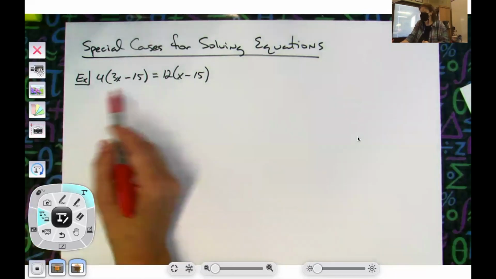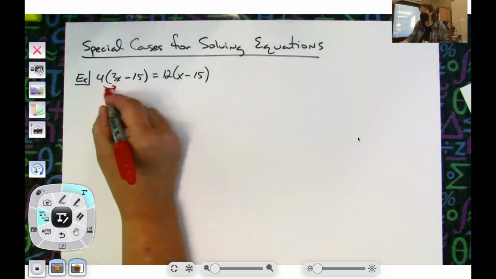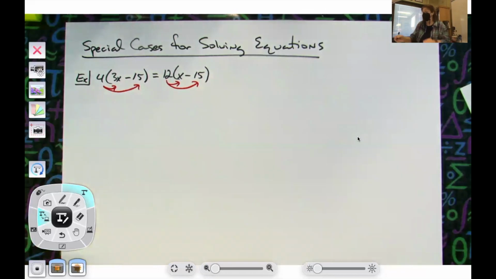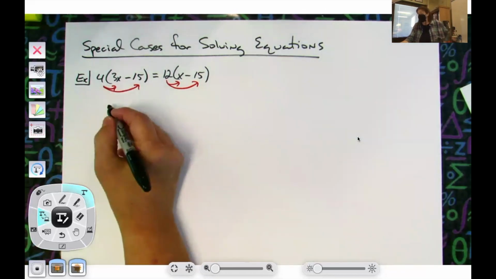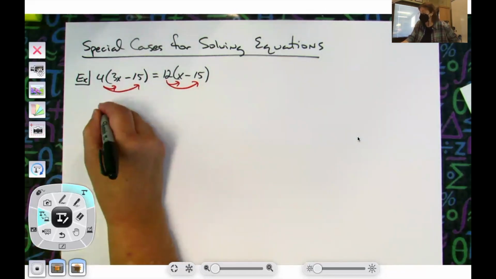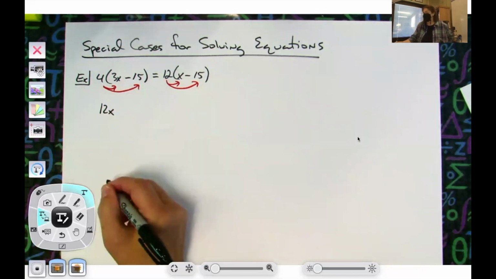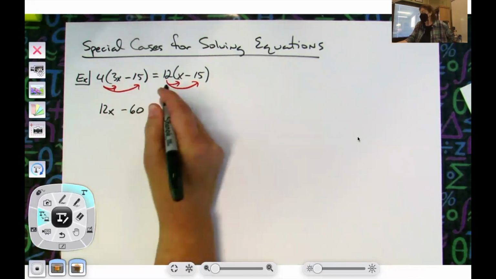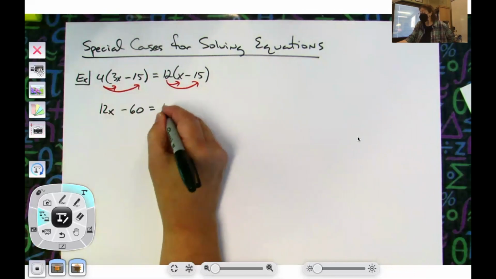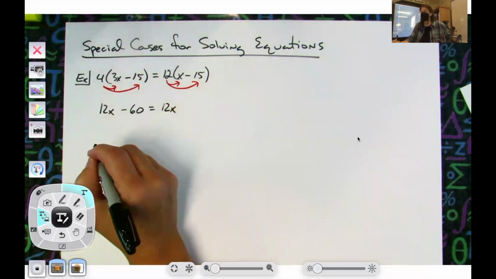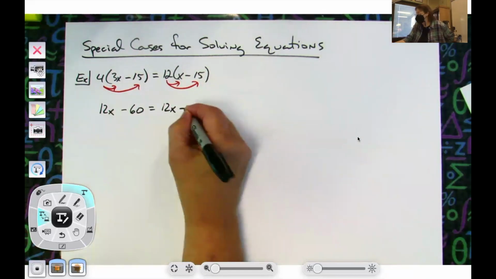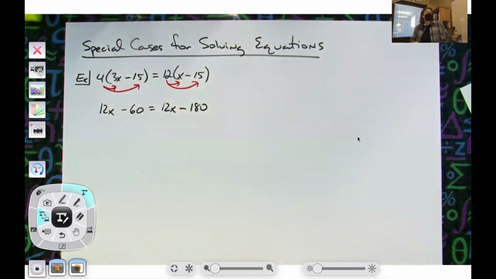You see the distributive property on both sides, so you're going to distribute that 4 and distribute the 12. 3 times 4 gives me 12x. 15 times 4 is 60, minus 60. And then distributing the 12, 12x, and 12 times 15 is 180, and a minus. Normally I don't do that big of numbers.